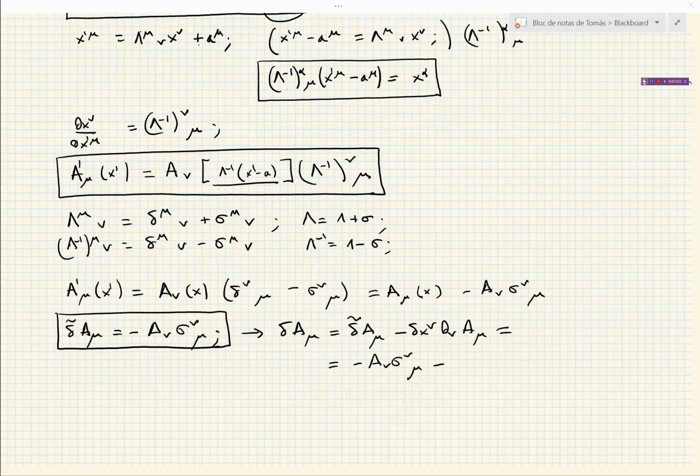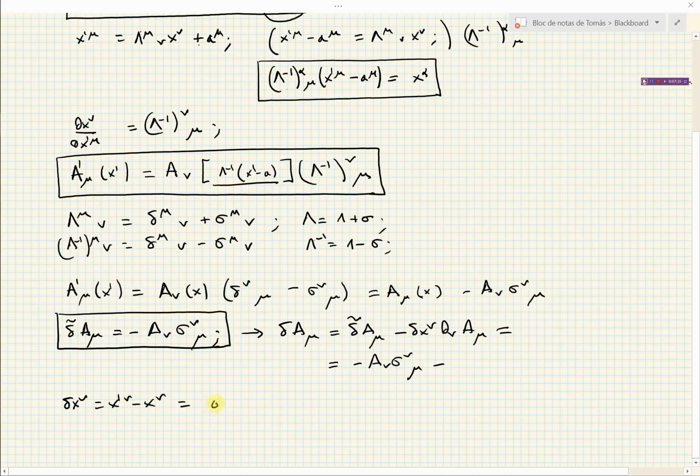Delta x nu is x prime nu minus x nu, and remember that this is delta nu rho plus sigma nu rho, x rho, minus x nu. So this term is going to cancel this, and this is nothing but sigma nu rho x rho.